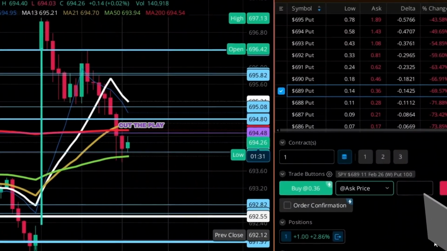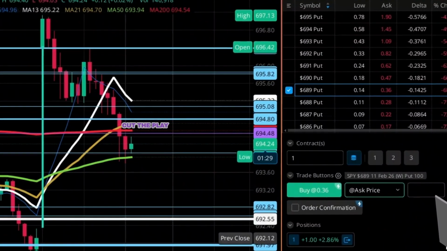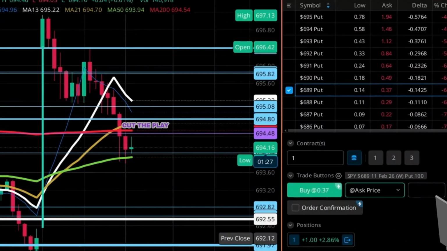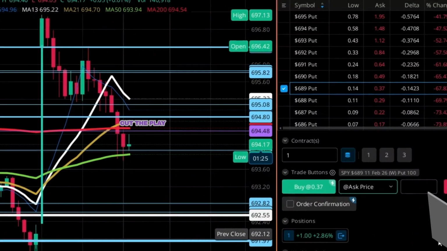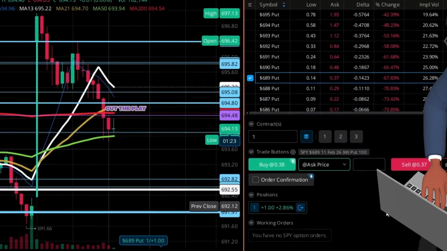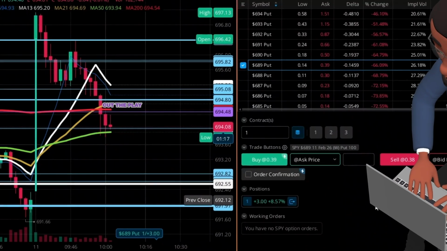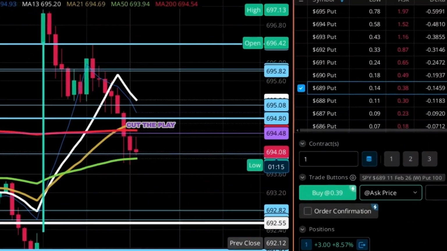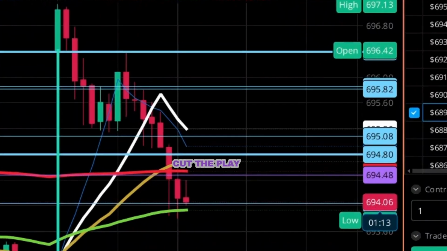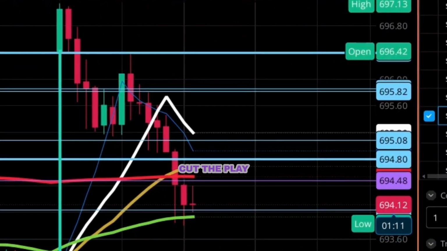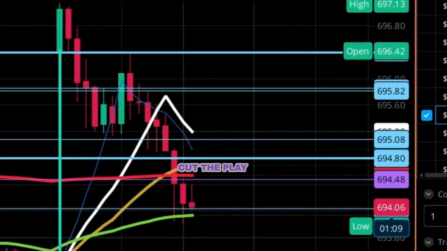to the downside. So typically when we get a power bar from the 200-period moving average, that is the beginning of a move down. But as you can see, we've already come all the way from 697 down to 694, and we are looking for a continuation to the downside.